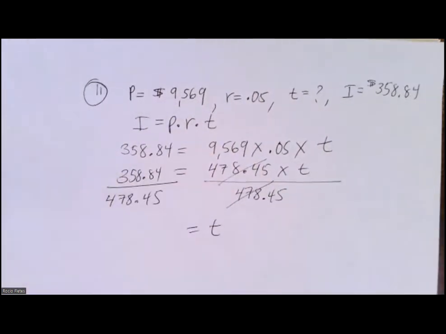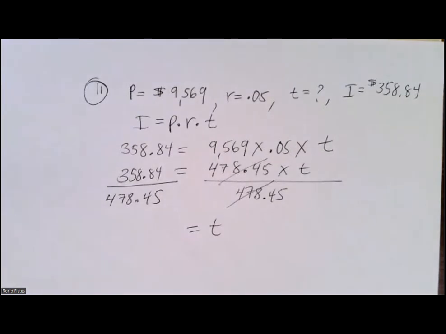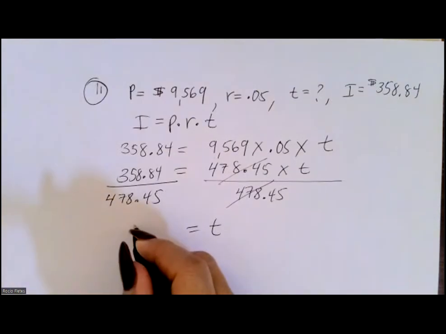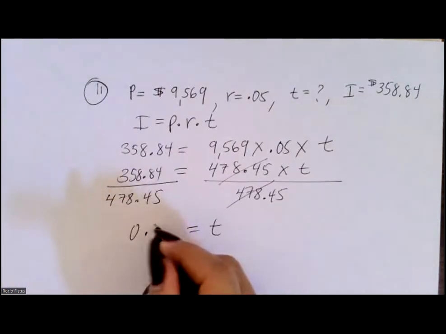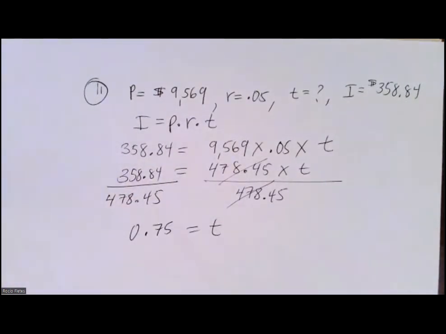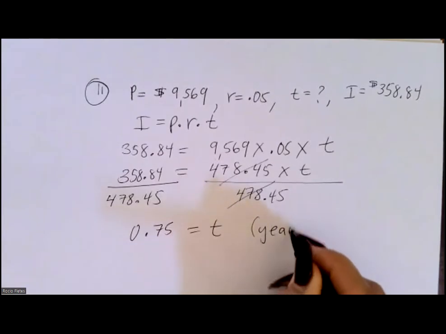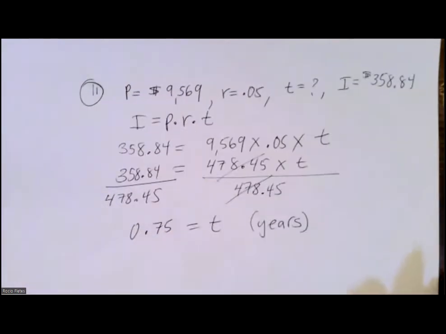Remember, we need time in years. So 358.84 divided by 478.45 gives me 0.75. Remember, we're talking about years. So what is 0.75 of 1 year?